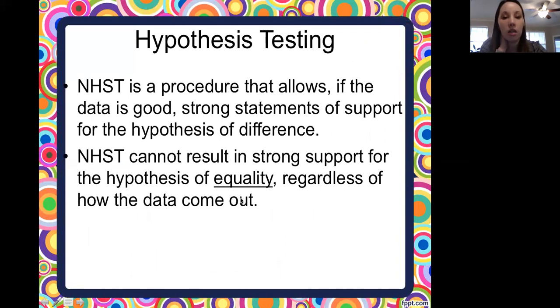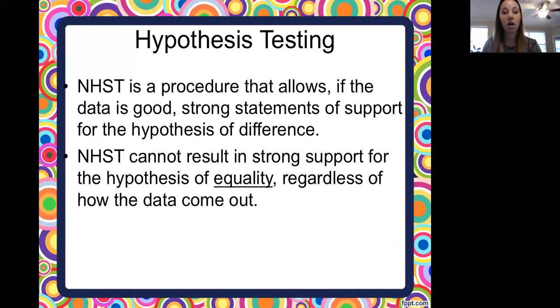The NHST, or Null Hypothesis Significance Testing method, is a procedure that allows, if the data is good, to make strong statements of support for the hypothesis of difference. However, we always make statements about the hypothesis of equality. This is a little confusing, but every time that we make a conclusion at the very end of our t-test problems, we're always making a conclusion about our null hypothesis.